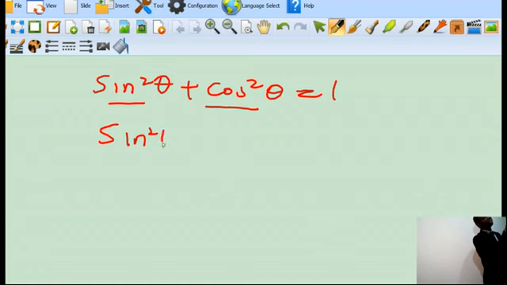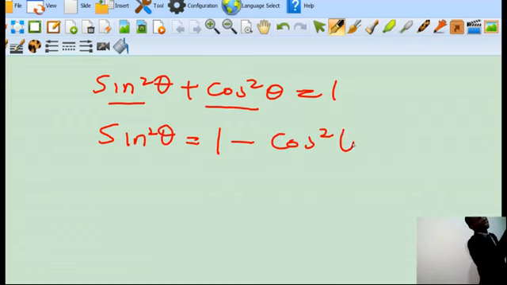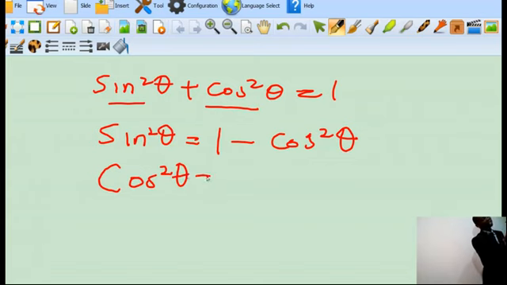Sin squared theta can be written as 1 minus cos squared theta. That is another trigonometric identity that we can obtain from this first expression. We can also obtain another expression, cos squared theta is equal to 1 minus sin squared theta.